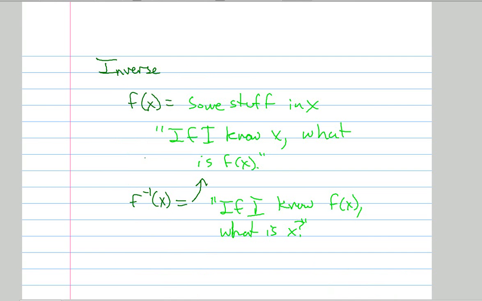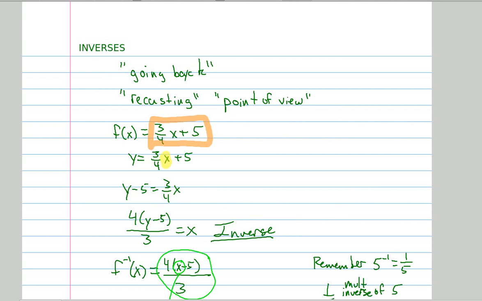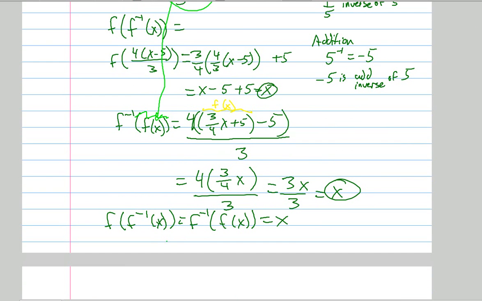But since we're dealing with algebra, college algebra, we're going to put this in terms of f of x. And that's why we have this special property of the inverses, which says f of f inverse is equal to f inverse of f of x, which is equal to x.